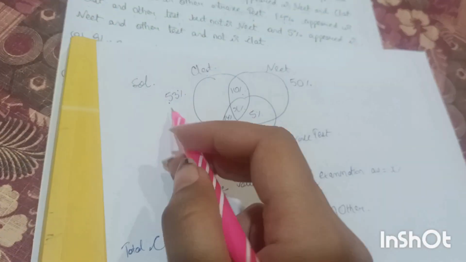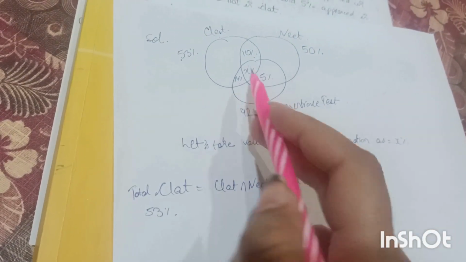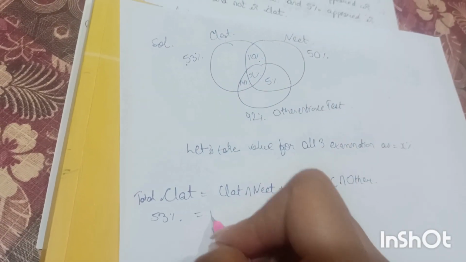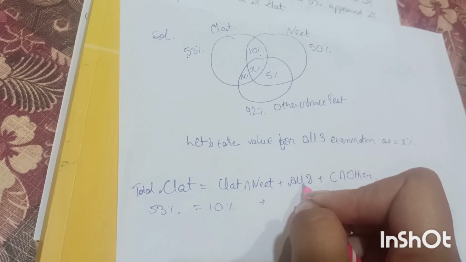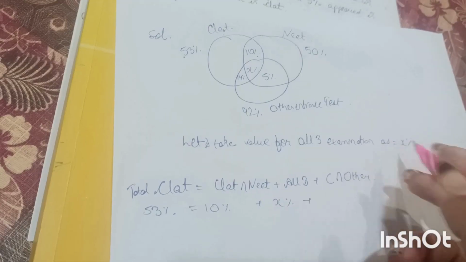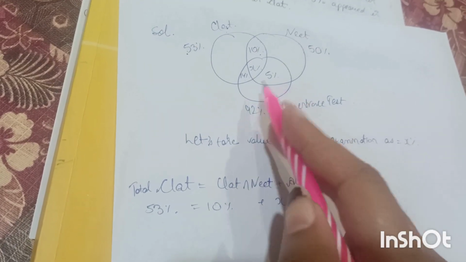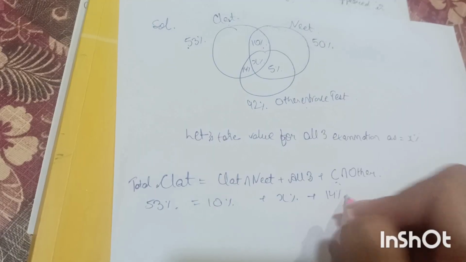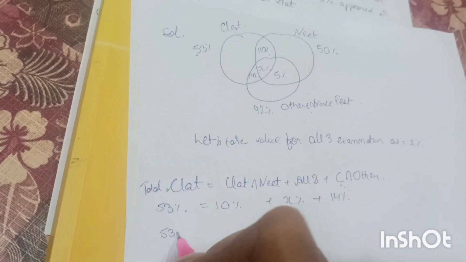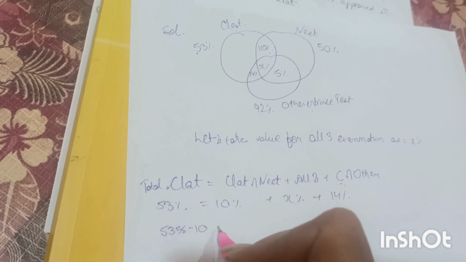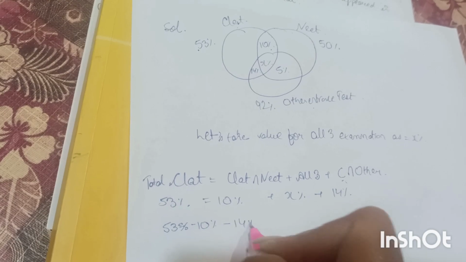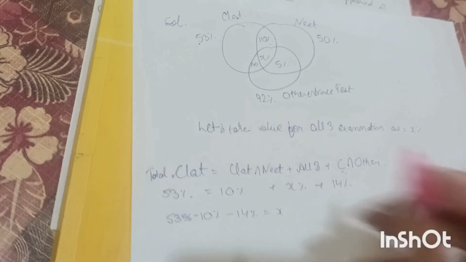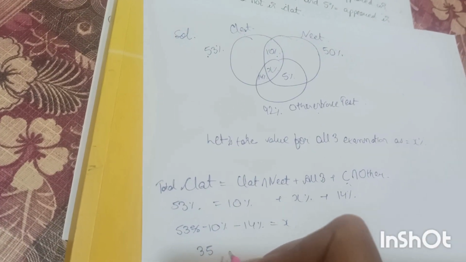So you'll get 53% over here, then CLAT intersection NEET is given as 10%, plus all three X%, plus CLAT and other is 14%. So 53% minus 10% minus 14% equals X, so you'll get 35%.